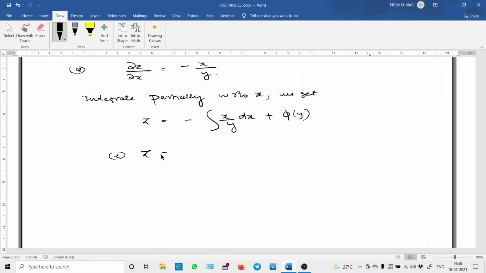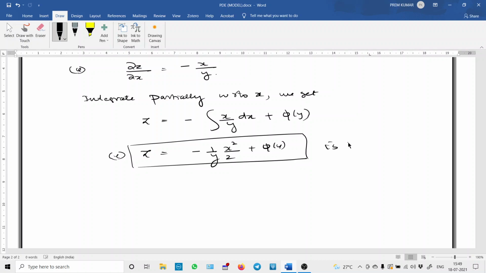So z equals minus 1 by y, y is a constant, and integration of x is x square by 2, plus pi of y. This is the required solution of the given PDE.